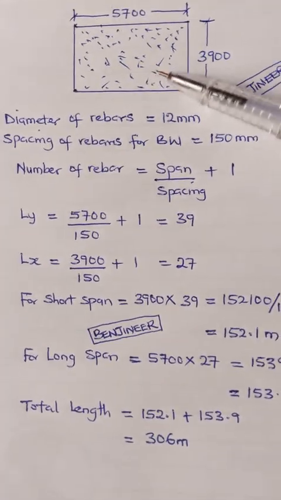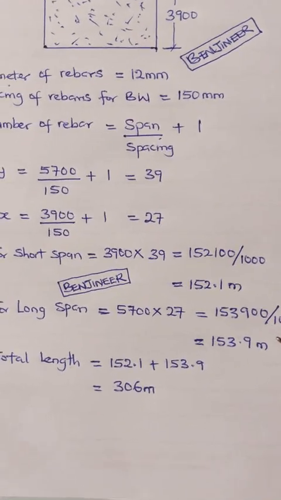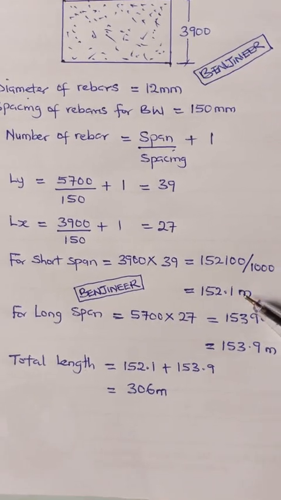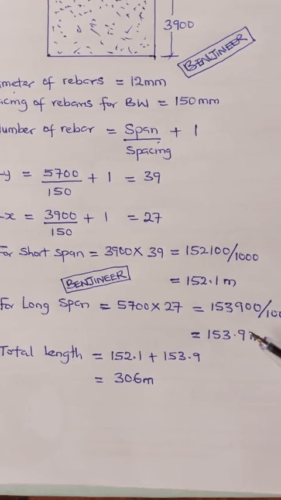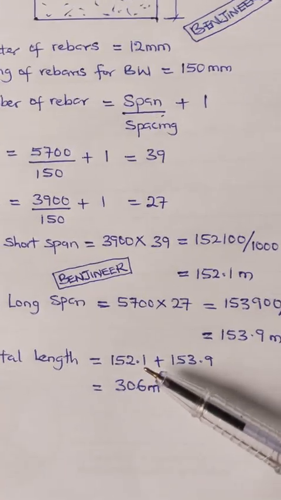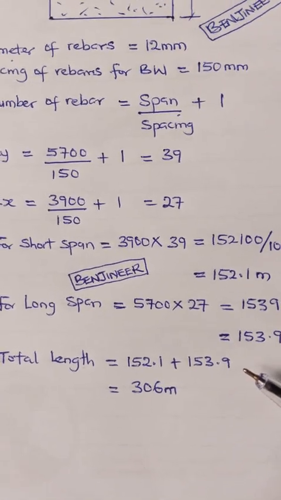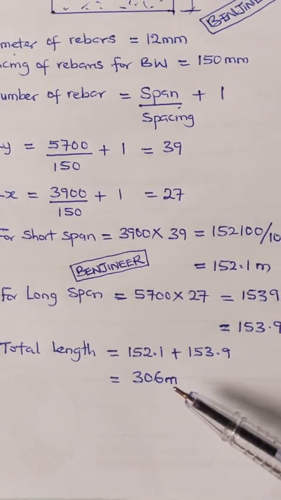Now the total length, which is what we are looking for, the total length of reinforcement that will match this slab, will be the summation of the total length of the short span plus the total length of the long span. So we have 152.1 plus 153.9, all in meters. When you add them up, you have 306 meters.